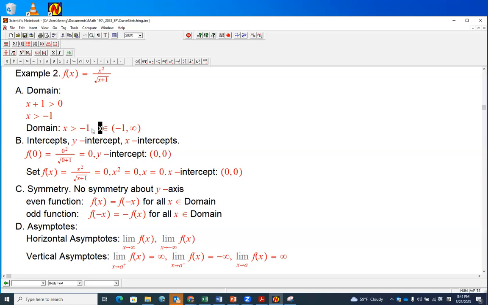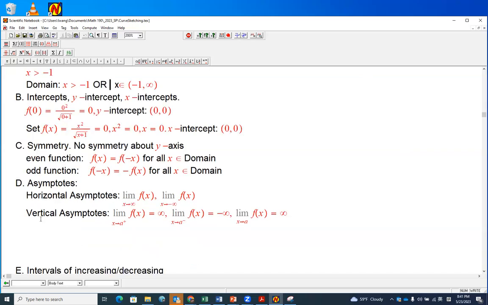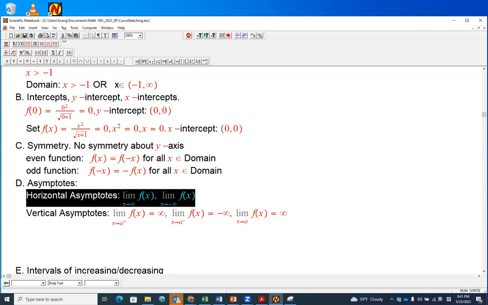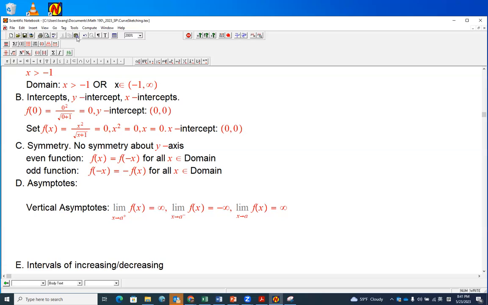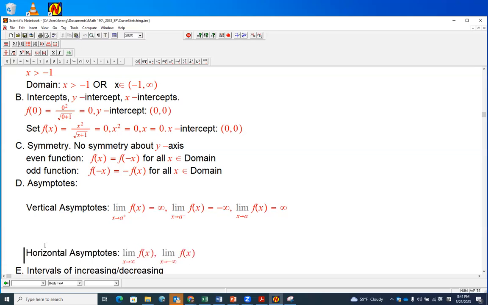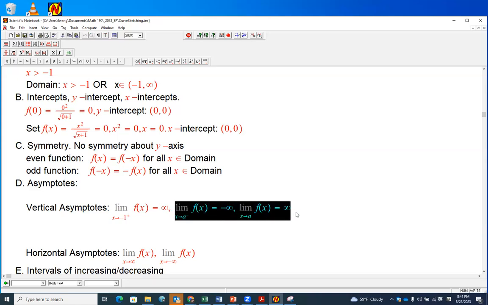So when we consider the vertical asymptote, we're going to come back to the horizontal asymptote later. So when we approach -1 from larger than -1, we're not going to approach -1 from smaller, right? So these are not going to be relevant.